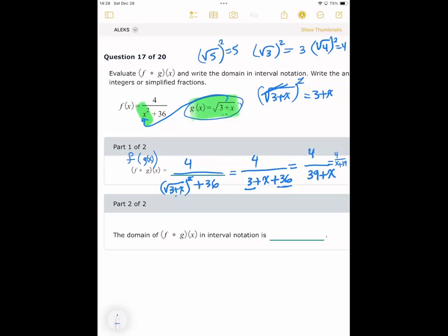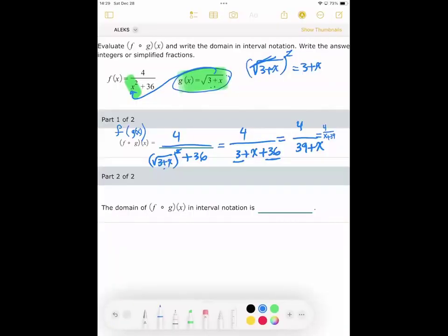What is the domain? For the domain, you always start from the inside function, and then you go to the final function. So we start with this guy, and then we also have to look at the final. The starting function is radical, right?